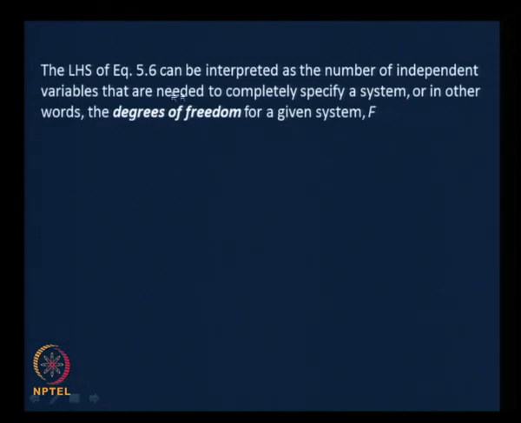Let us indicate the number of degrees of freedom by f, and therefore f is nothing but C, the number of components, minus pi, the number of phases, plus 2. This is the number of variables that are needed to completely specify the system. Let us call this equation 5.7, and some of you would have already realized that this is indeed called the phase rule.